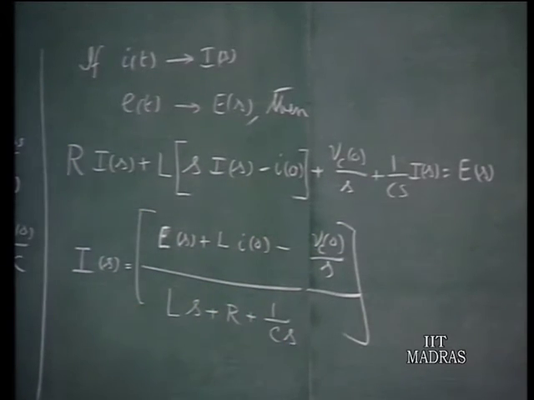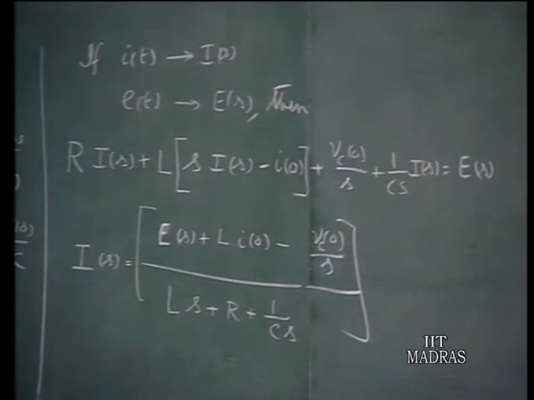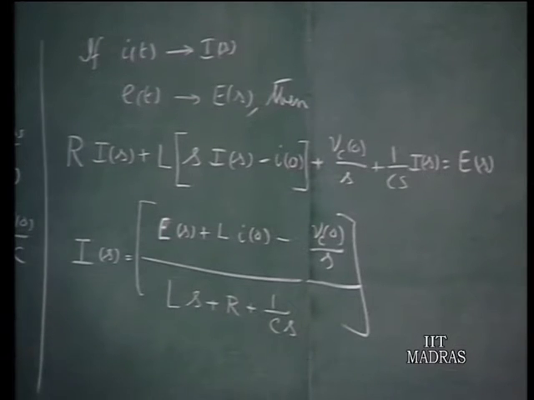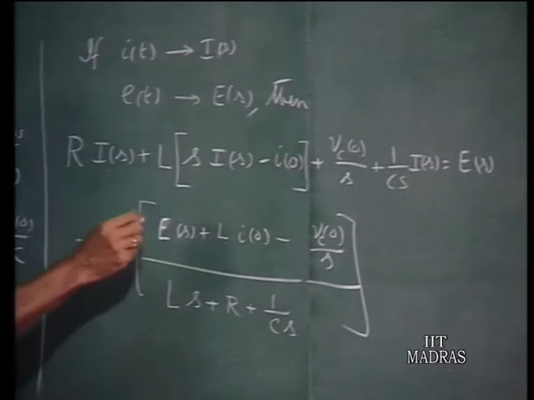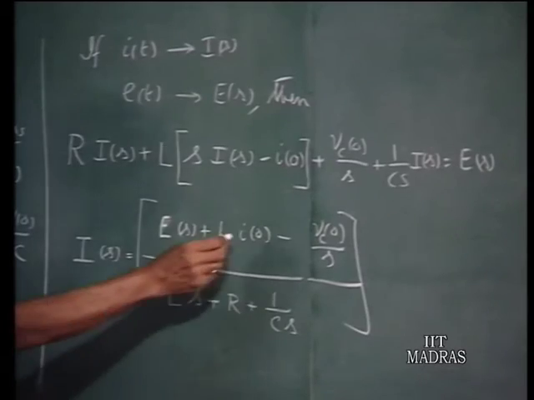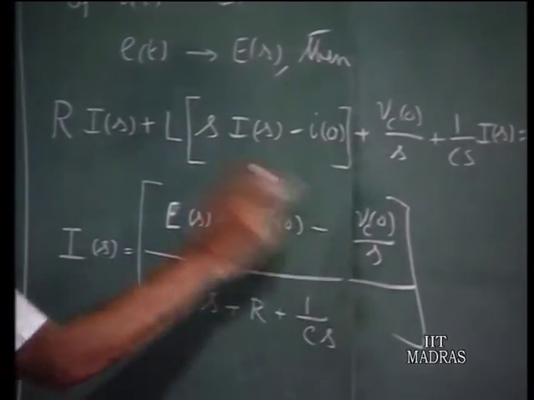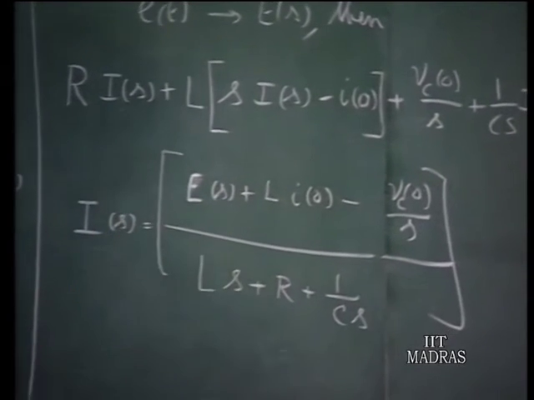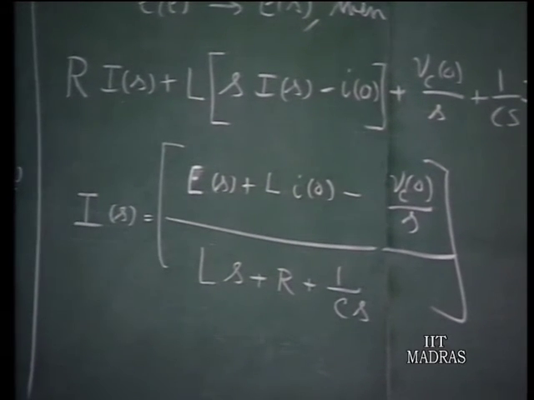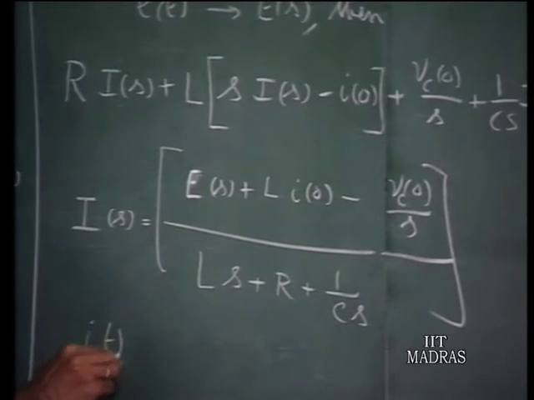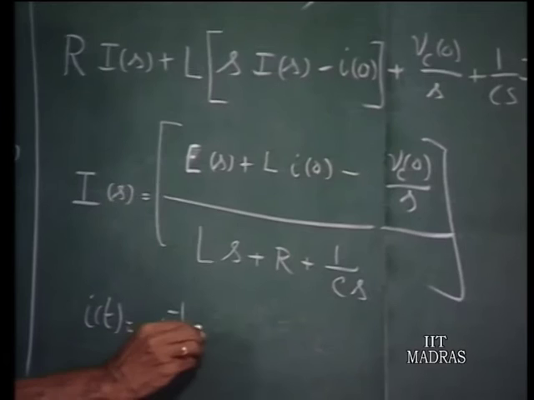So what we have done is we have got an expression for the Laplace transform of the current in terms of the known quantities. E of t is presumably known, therefore E of s can be found out. The initial conditions in the inductor as regards the inductor current and the capacitor voltage are given, therefore these are found out. And L, R and C are parameters of the circuit, therefore we find I of s, and once we have I of s, i of t can be found out as the inverse Laplace transform of I of s.